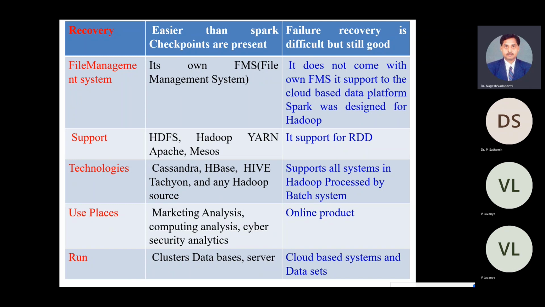In a cloud based system we have three types of services. First one is software as a service, second one is platform as a service, and third one is infrastructure as a service. So the next parameter is support. The Hadoop environment supports the Hadoop Distributed File System, because HDFS and MapReduce are the heart of Hadoop. Then YARN, yet another resource negotiator.